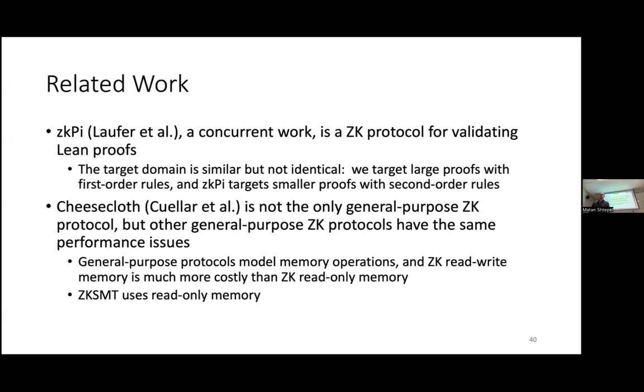Also, cheesecloth is not the only general-purpose ZK protocol there is, but other general-purpose protocols suffer from the same performance issues that cheesecloth does. This is the case because general-purpose protocols need to model memory operations, and ZK read-write memory is much more costly than read-only memory is. ZKSMT uses read-only memory, so it doesn't have that issue, and also it's specialized to the task of validating proofs.